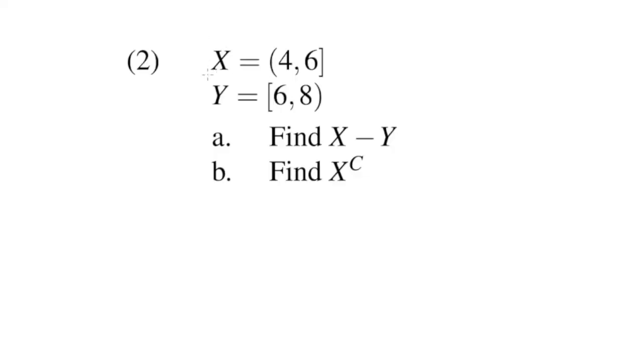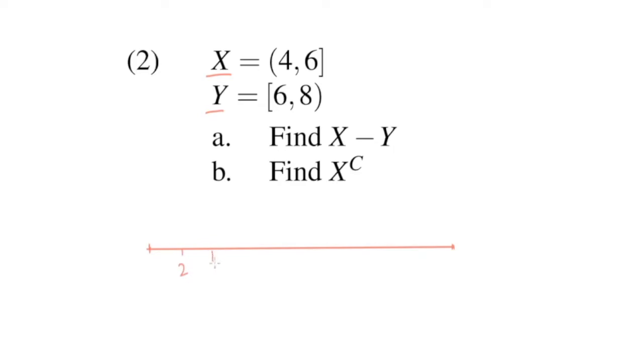So again, we have the intervals X and Y. X is 4 to 6, including 6 but not 4. And Y is 6 to 8, including 6 but not 8. And now we want to find the difference between X and Y and the complement of X. So let's draw the number line again.